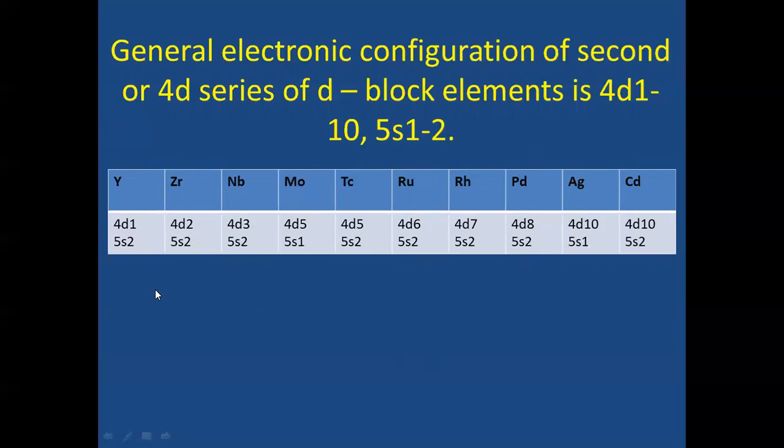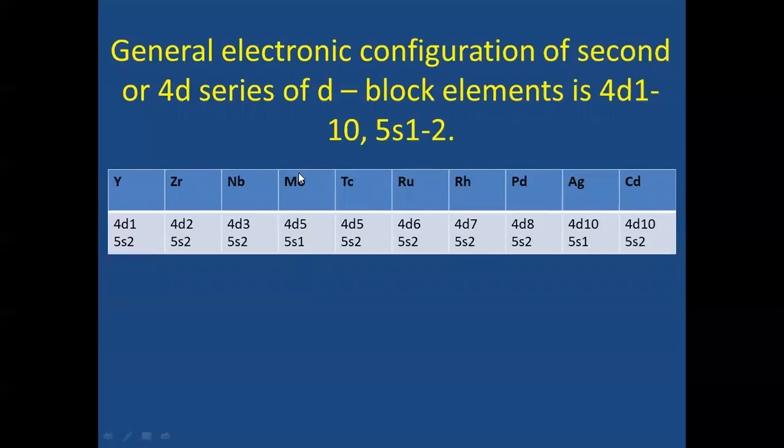After writing 36 electrons as krypton, yttrium has 39 electrons in total because its atomic number is 39. Out of 39 electrons, 36 enter krypton, so we write only 3 electrons here. The electronic configuration of yttrium will be krypton, then 4d1 5s2. Similarly, for zirconium, 4d2 5s2, etc.